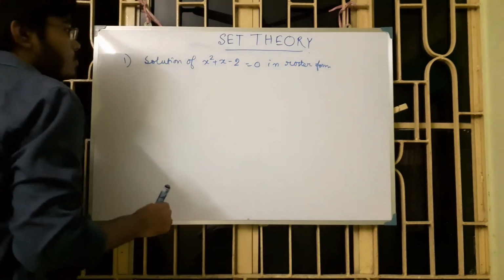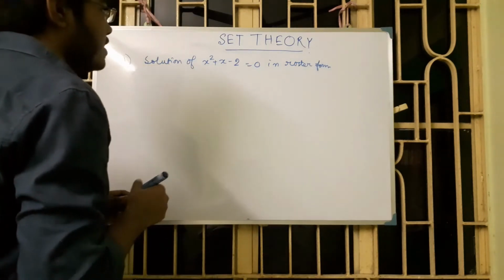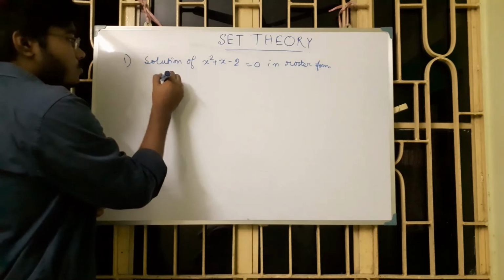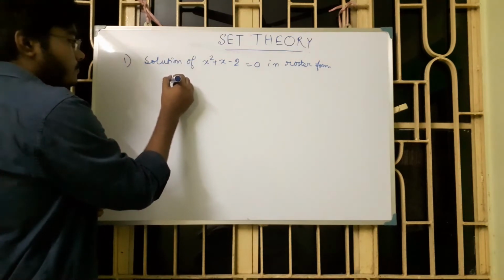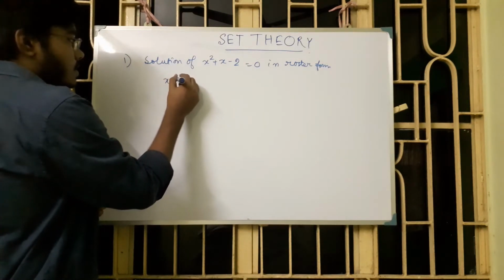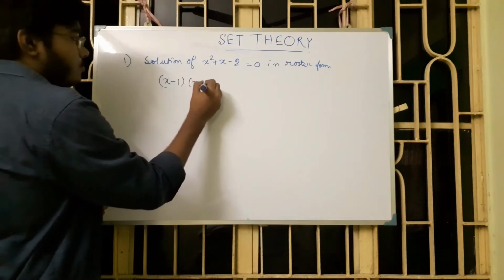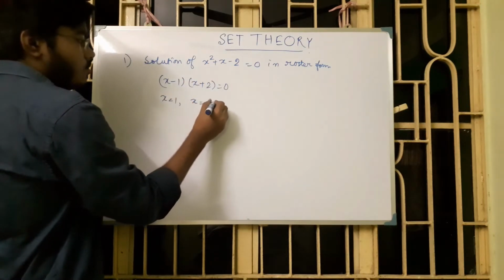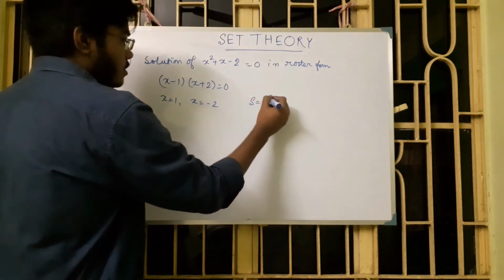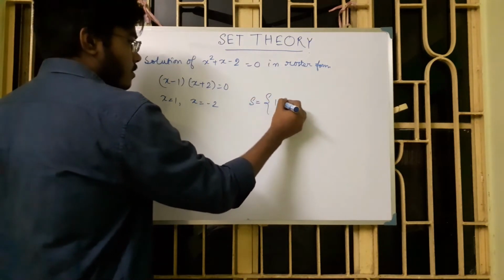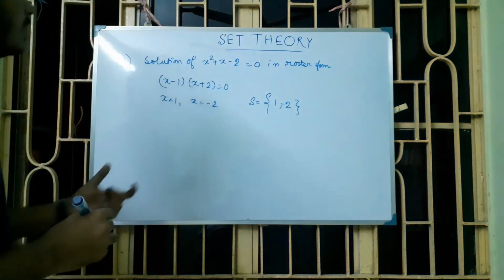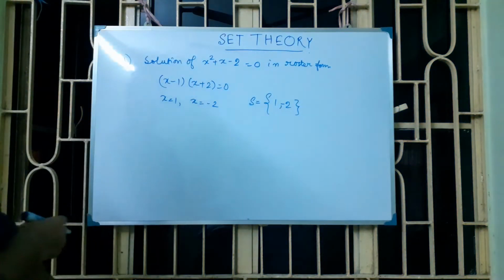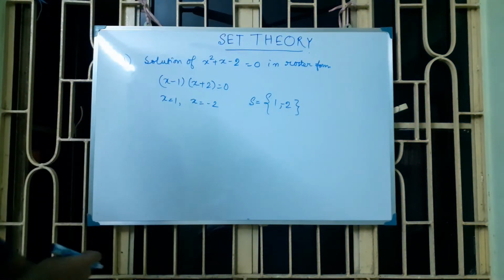So (x minus 1)(x plus 2) equal to 0. So x equal to 1, x equal to minus 2. So what will be the set? Solution set {1, minus 2}. This is the solution of x square plus x minus 2 equal to 0 in roster form.